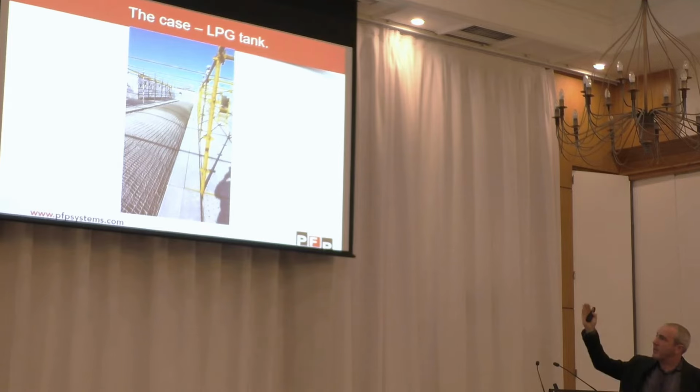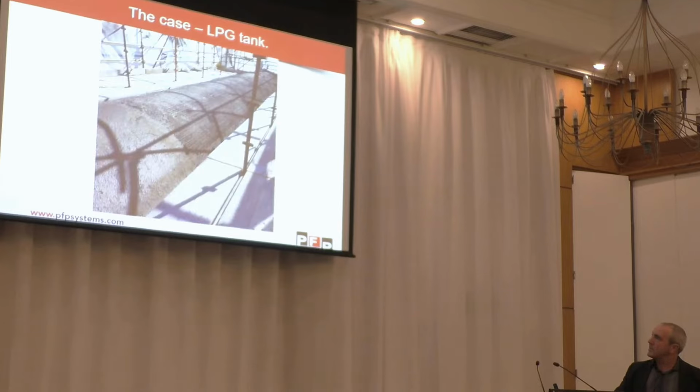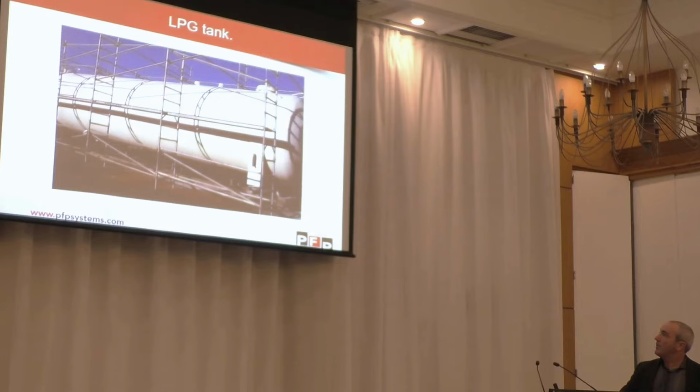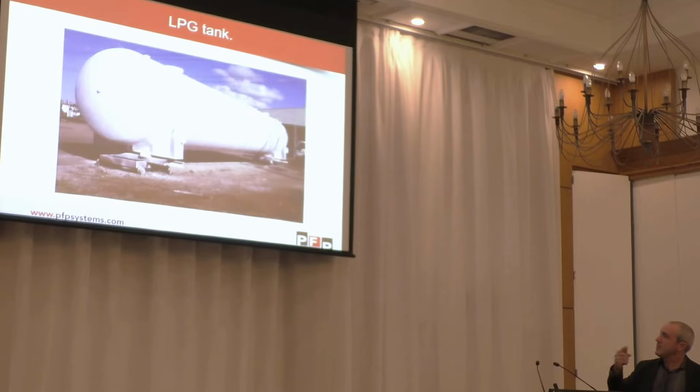Just to show you quickly the size of the project and the forming of the first layer of the passive fire system, getting around the corners, and then the slow build up to the required thickness for the fire resistance time, and then the final top coat. This is actually a different vessel, but I couldn't find photos of the original one.